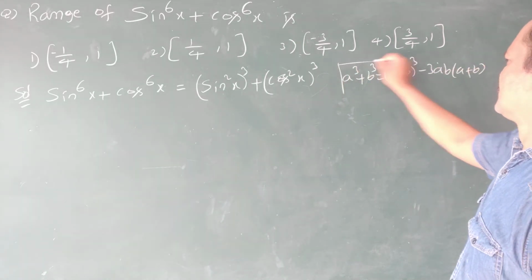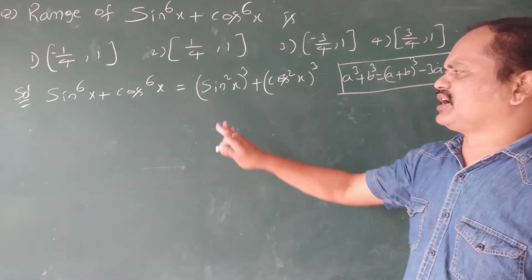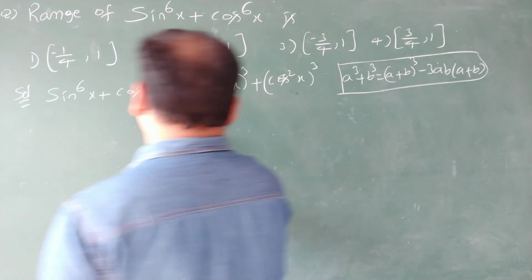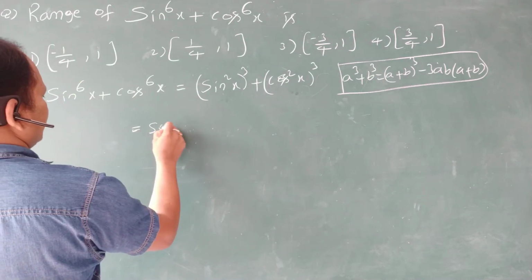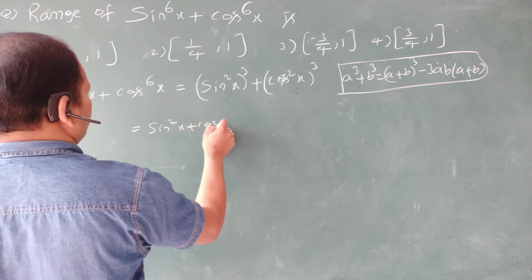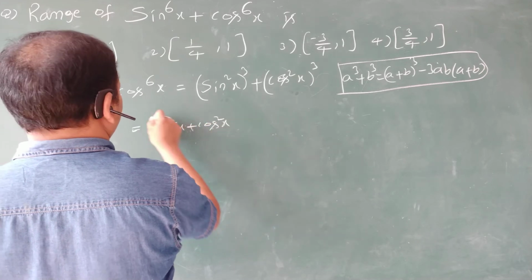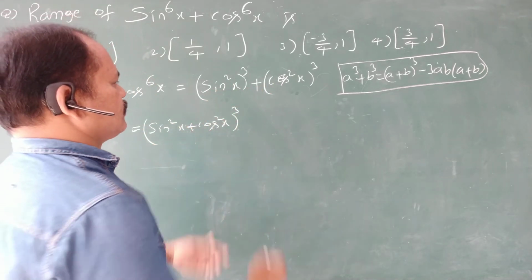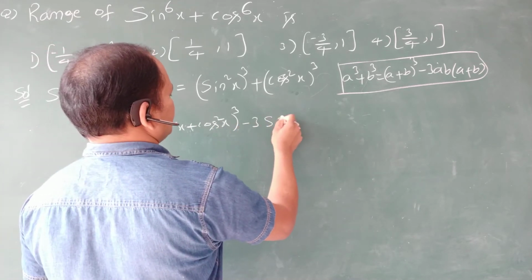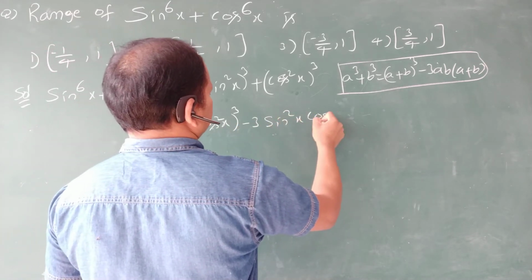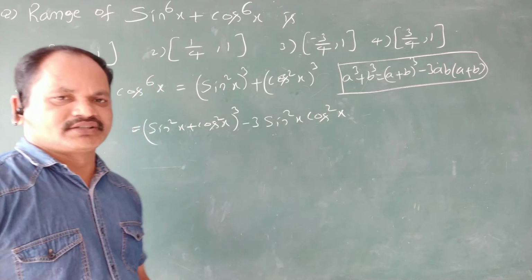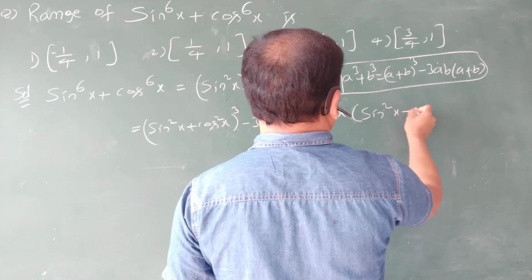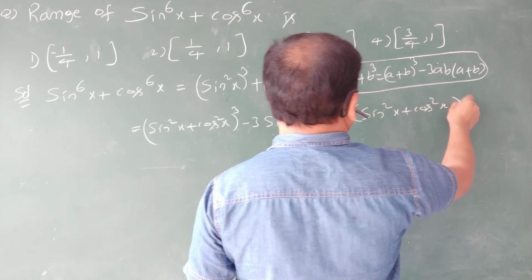According to this formula, a is sine square x and b is cos square x. Now we have to expand: a cube plus b cube is a plus b whole cube minus 3ab into a plus b, where a is sine square x and b is cos square x.